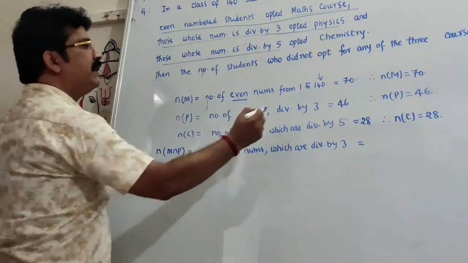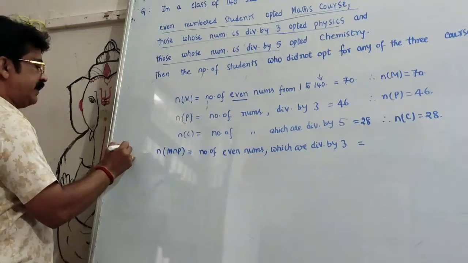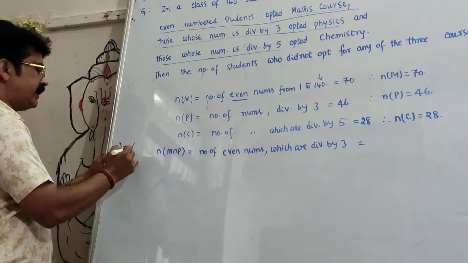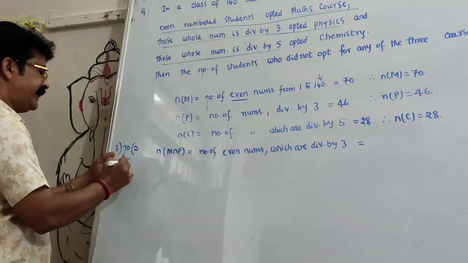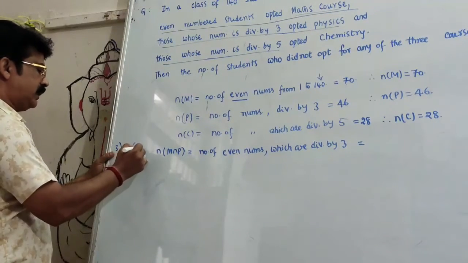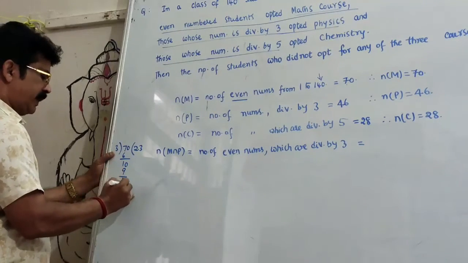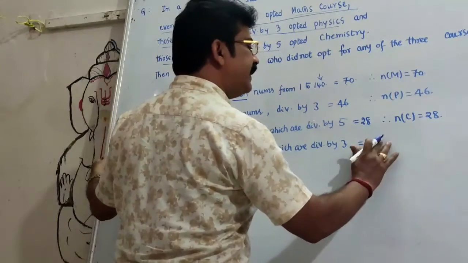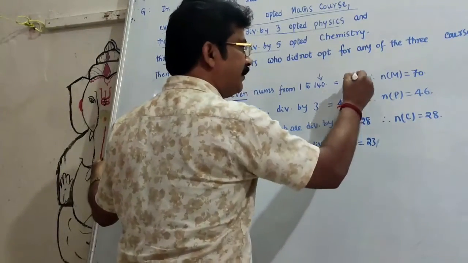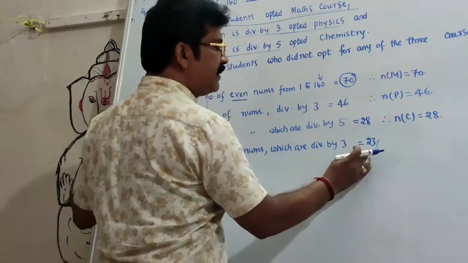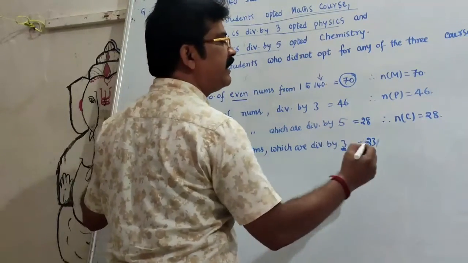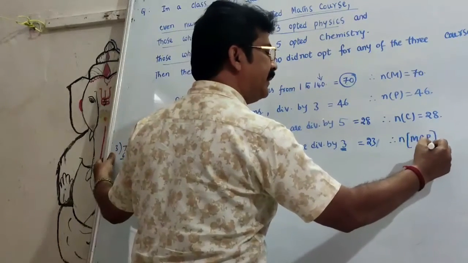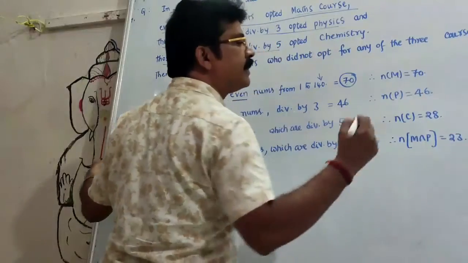So the total number of even numbers is 70 only. 70 divided by 3: 3 2s are 6, remainder 1 0, 3 3s are 9, so remainder 1. What is the quotient? 23. So out of 70 even numbers, 23 numbers are divisible by 3. Therefore n of M intersection P is equal to 23.